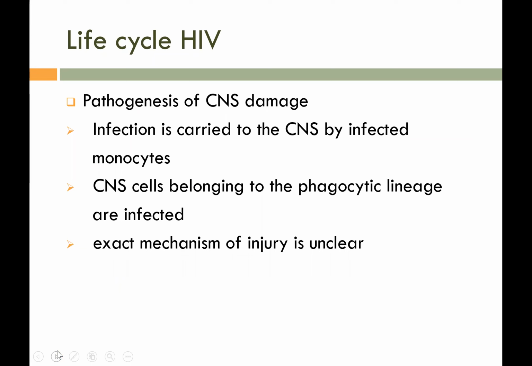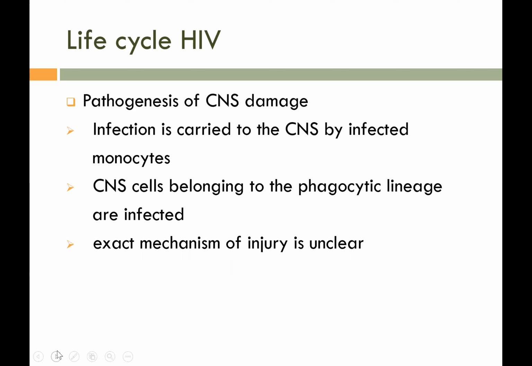Now, the typical adult patient with AIDS presents with fever, weight loss, diarrhea, generalized lymphadenopathy, multiple opportunistic infections, neurologic disease, and in many cases, secondary neoplasms.